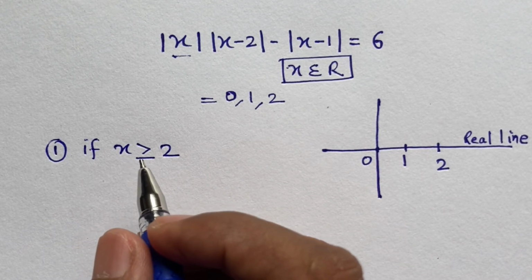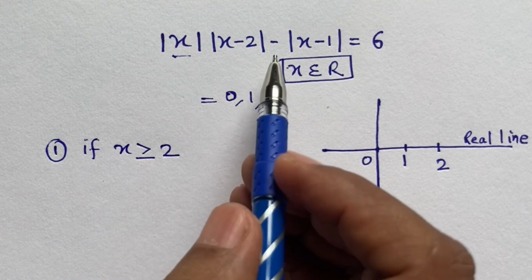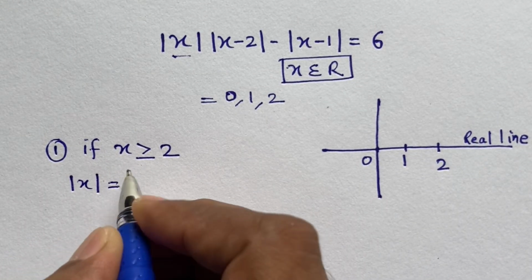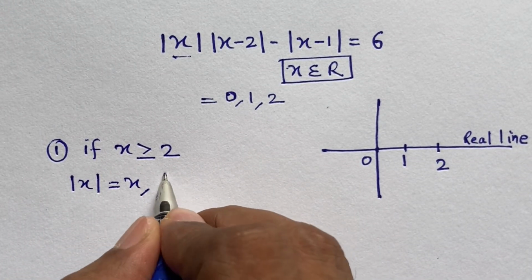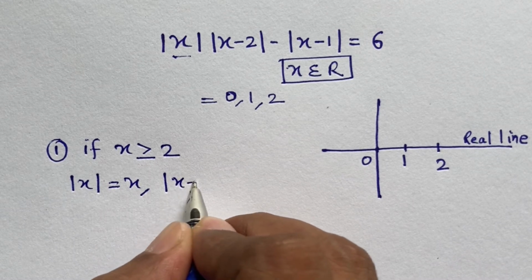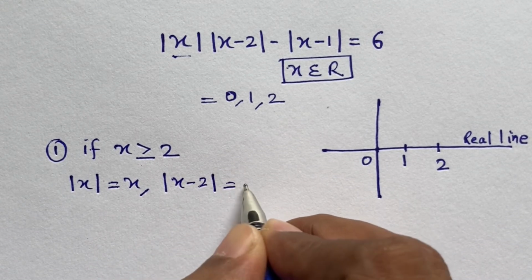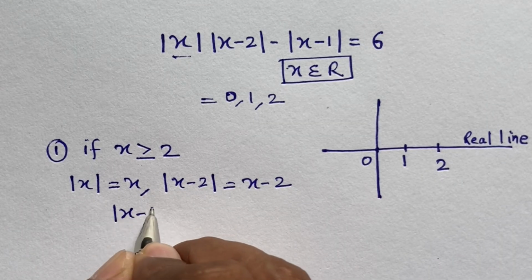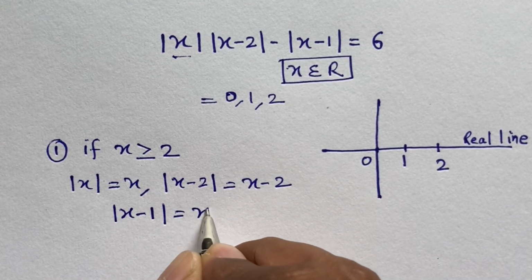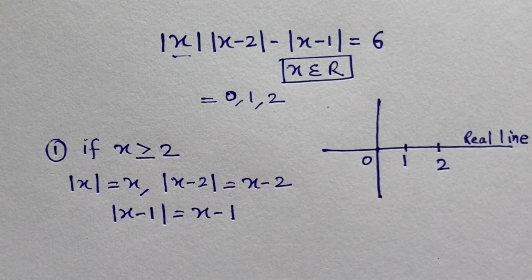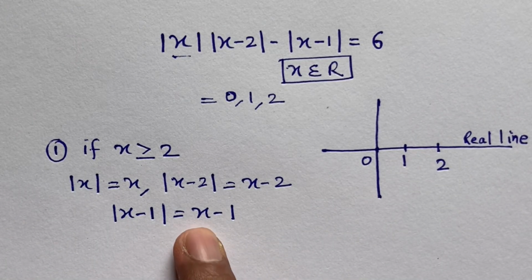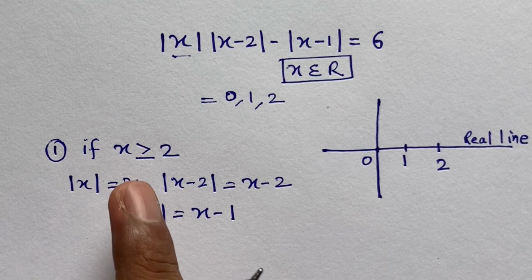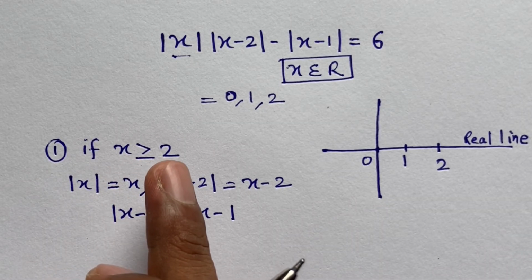For this condition, |x| will be x, |x − 2| will be x − 2, and |x − 1| will be x − 1. Now we are going to rewrite our main equation for this condition.